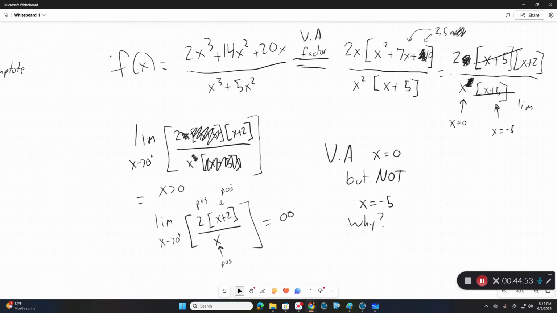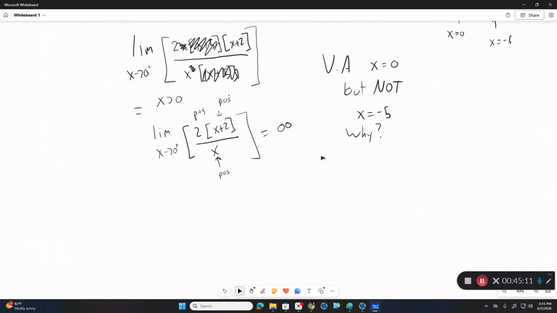Just plugging this in. Now, what happens as we plug in from the left? Well, pretty much the same thing. However, ever so slightly importantly, keep in mind that now x is going to be less than 0. So the limit as x approaches 0 from the left, remember, x is less than 0.